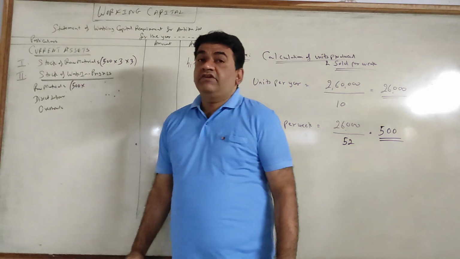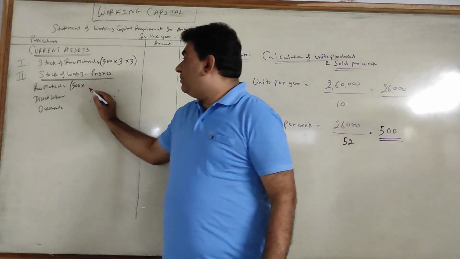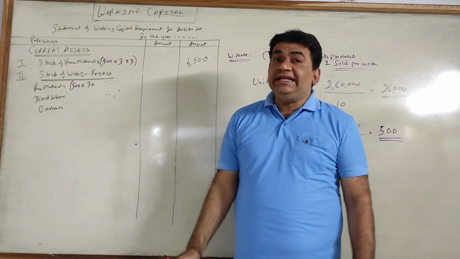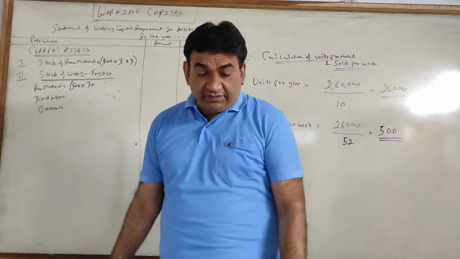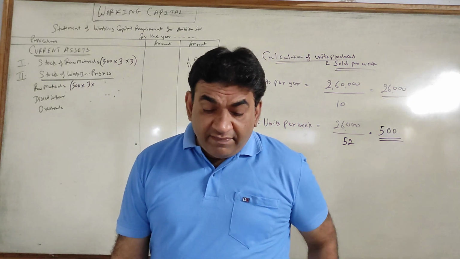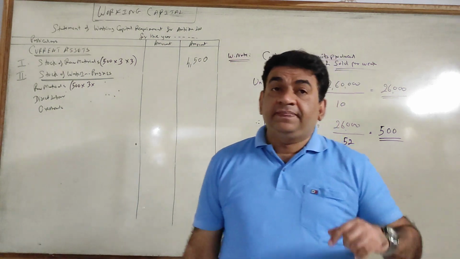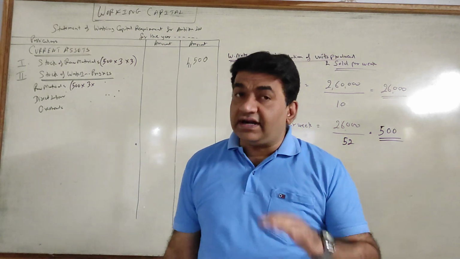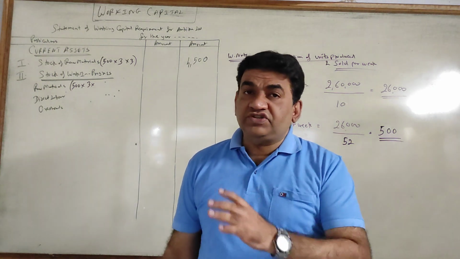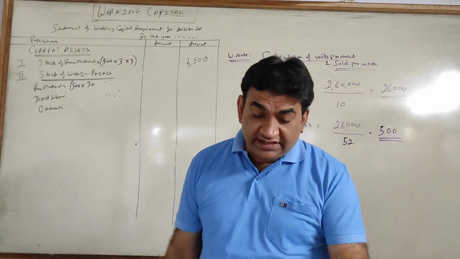Raw materials, 500 into, raw material ka cost is 3 rupees, into I need WIP ka weeks. See the information. A adjustment ka second part is for finished goods. B part देखो, factory processing takes 3 weeks. That means once the processing starts to produce the final goods, the processing period is 3 weeks.